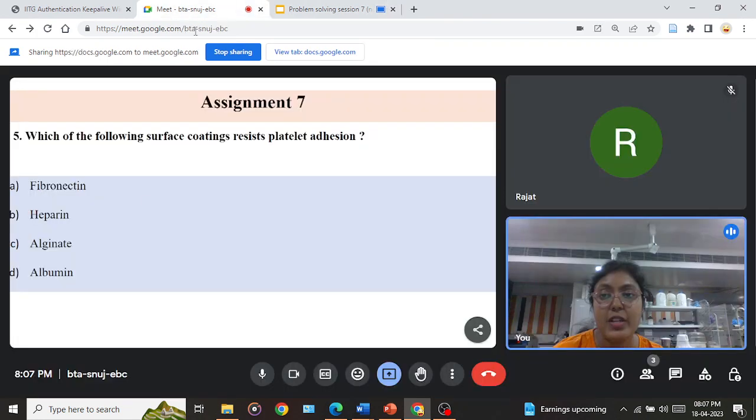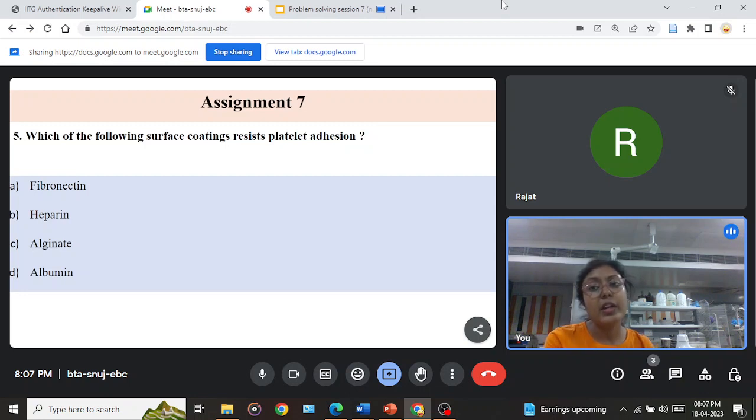Question number 5 is, which of the following surface coatings resists platelet adhesion? A is fibronectin, B heparin, C alginate and D albumin. In biomimicry, for the biomaterial to mimic biological function, we coat the surface with certain substances that ultimately perform various biological functions, right?